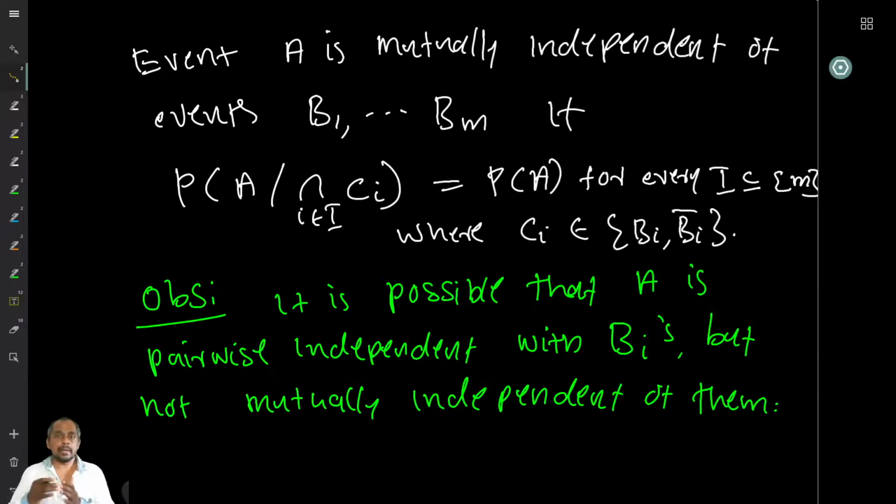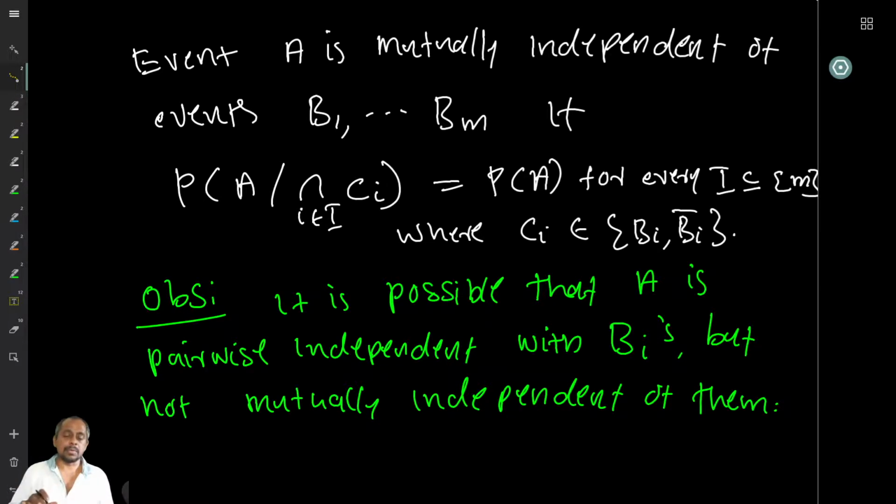On the other hand, if you know that sets are pairwise disjoint, their intersection is going to be again empty, right? But in this case, it is not like that. So it is possible that we have pairwise independence between the events, but altogether they are not mutually independent.